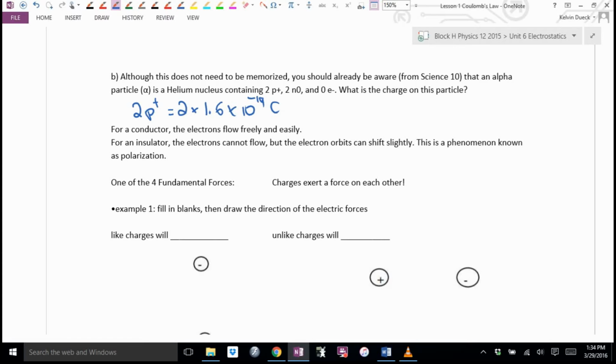What's the charge, this is meant to be really obvious, on no electrons also? So, the charge on an alpha particle is 3.2 times 10 to the negative 19 coulombs, and it's positive. I'll put a positive there. You don't need to, I just did in our notes to remind you, be careful with your signs. Make sure you know whether you're dealing with protons positive or electrons negative.